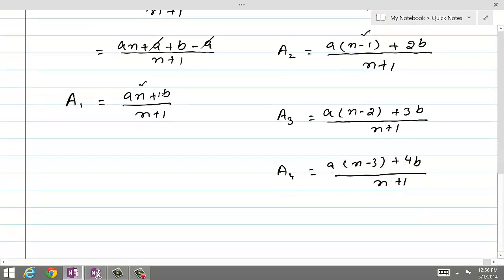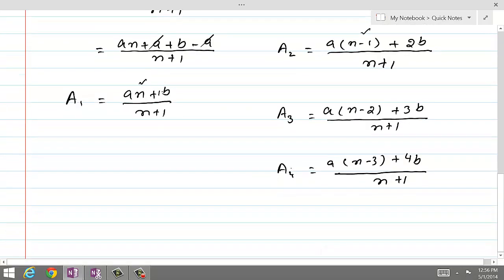Now the interesting thing is, if the subscript here is 4, what is being subtracted is 3. If the subscript is 3, what is being subtracted from n is 2. That is 1 less than the subscript of a. But the coefficient of b is the same as the subscript of a. That is 3, 3 over there, 2, 2 over there, 4, 4 over there.